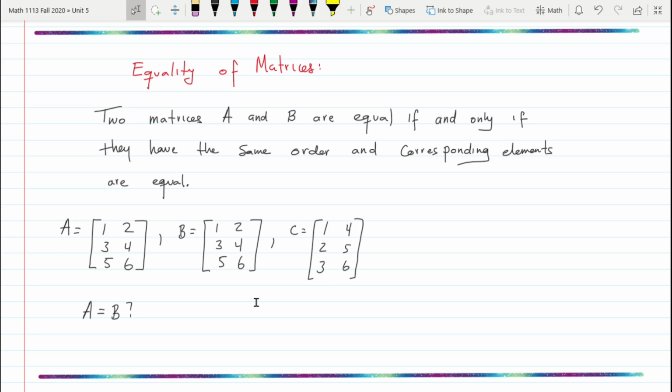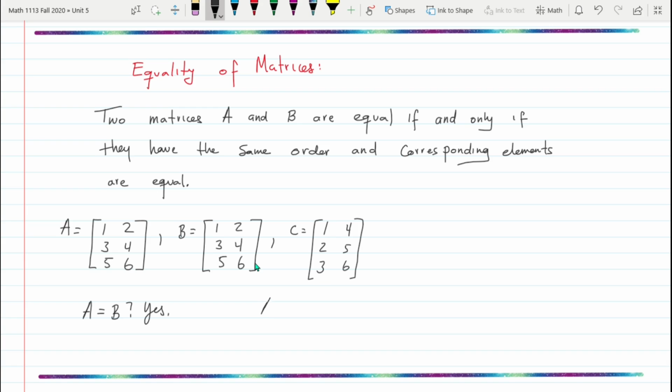No, that would be too rushed. We have to compare each element. So, 1, 1, they have the same value. 1, 2, they have the same value. Then we have 2, 1, which is second row, first column. They have the same value. So if you compare space by space, they're all the same. So yes, they are equal.